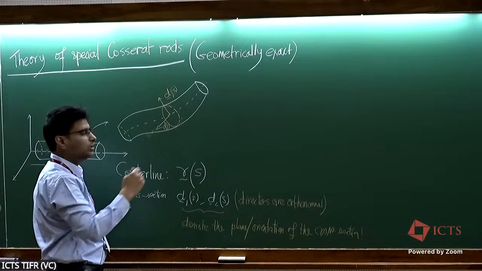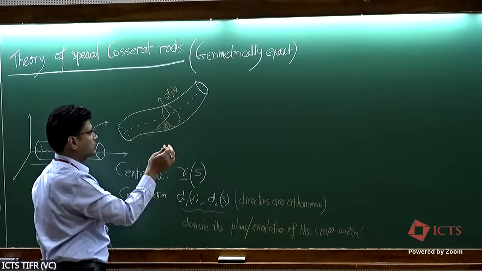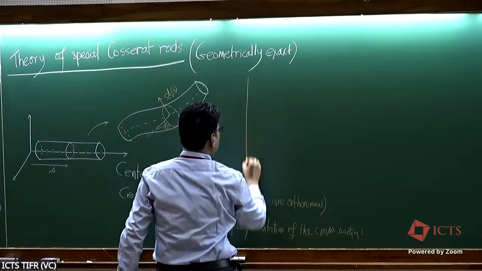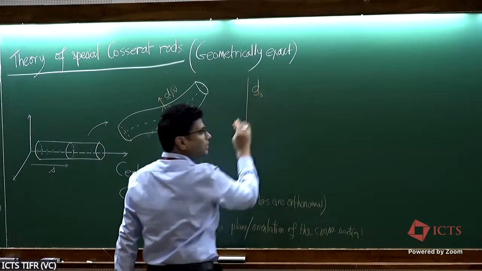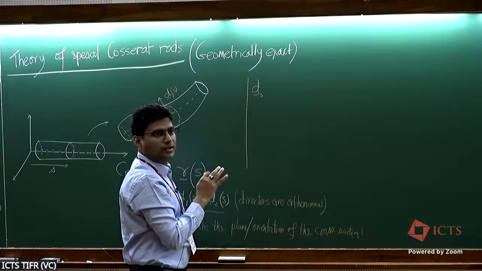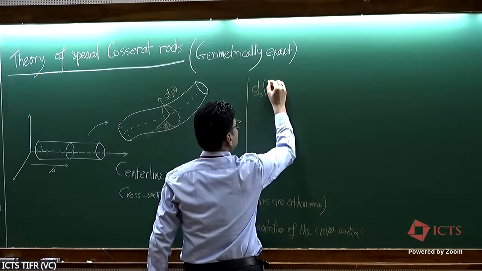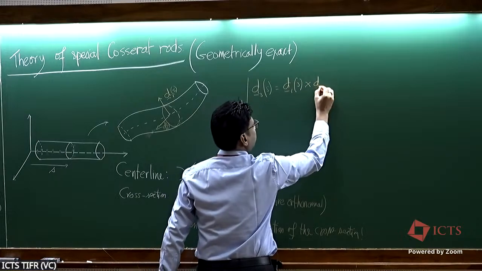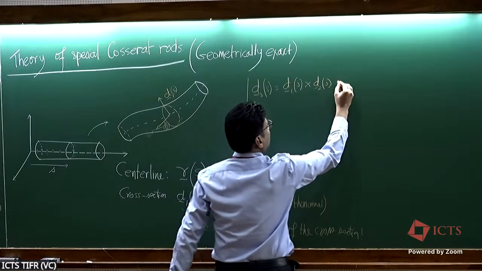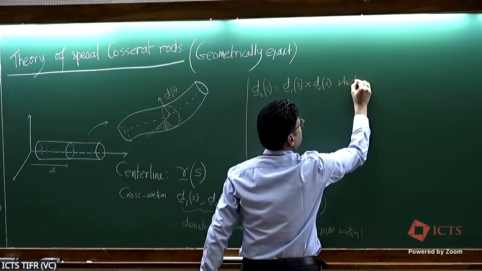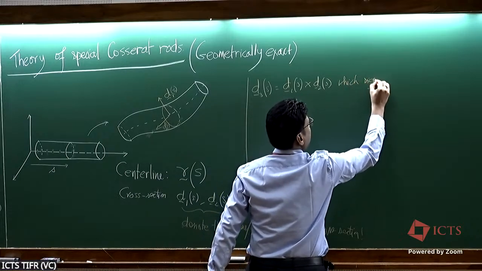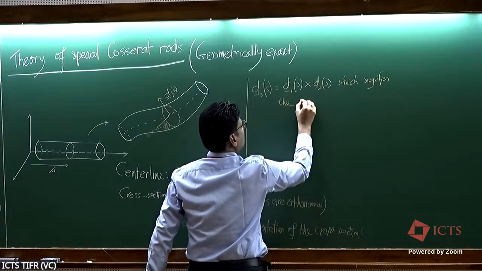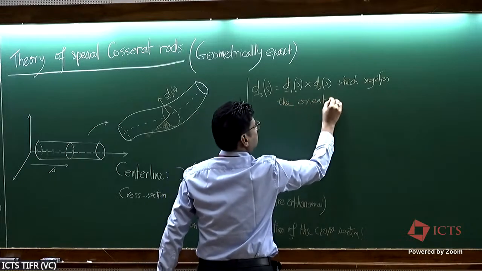Okay, so D3 remains always normal to the cross-section. D3 is not an independent vector here. You can construct D3 equal to D1 cross D2, which signifies the orientation of the cross-section.